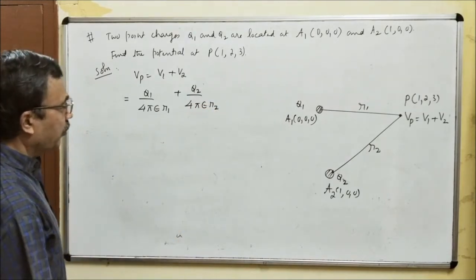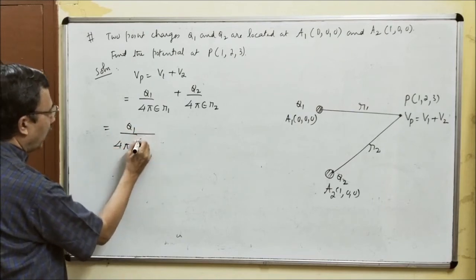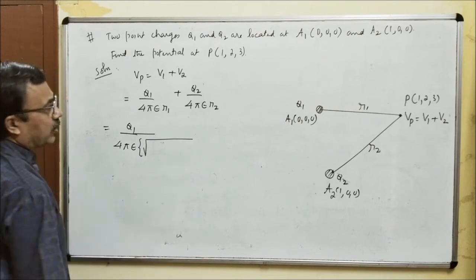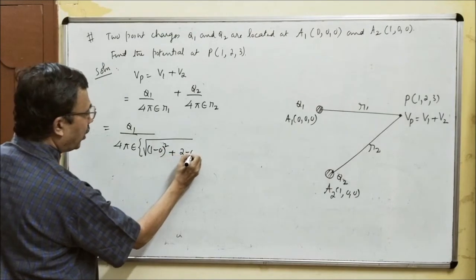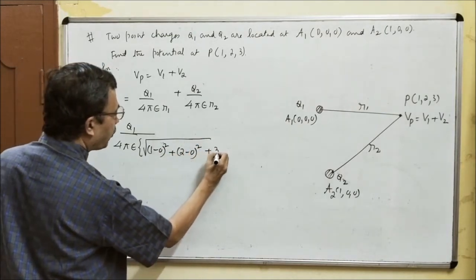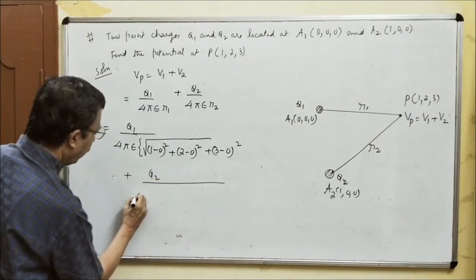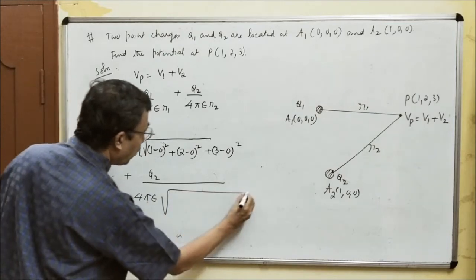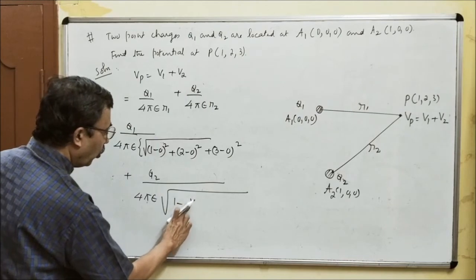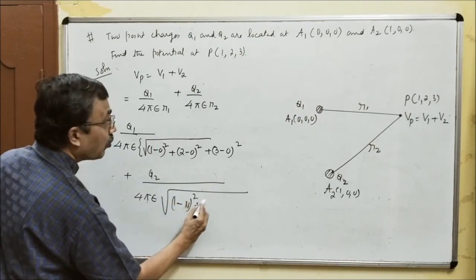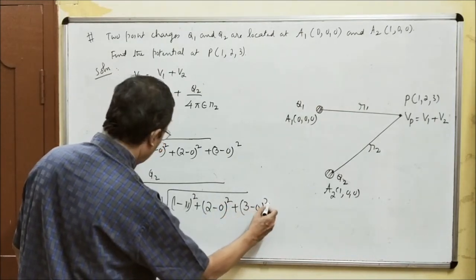R1 and R2 are calculated using the distance formula. So Q1 divided by 4 pi epsilon. What is R1? Square root of (1 minus 0) whole square plus (2 minus 0) whole square plus (3 minus 0) whole square, plus Q2 divided by 4 pi epsilon square root of (1 minus 1) whole square plus (2 minus 0) whole square plus (3 minus 0) whole square.